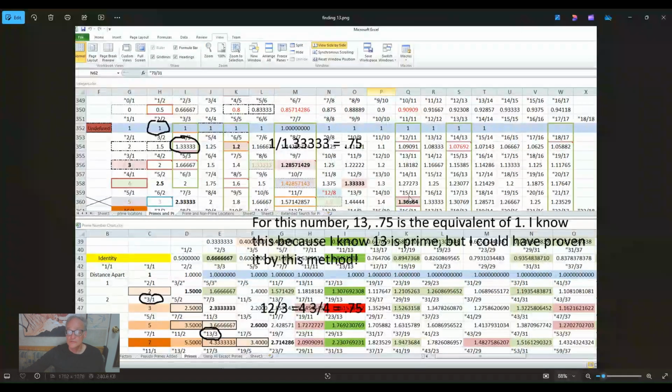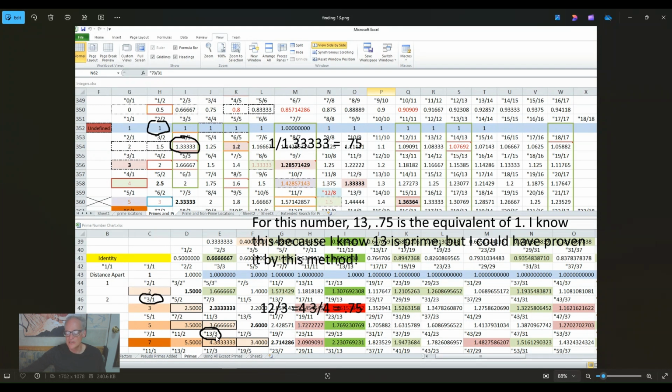And so you see, with finding 13, the same situation goes on. Up here, you have the point 0.75 in this case. We're trying to find the next number, we assume the rest of this primes table doesn't even exist. We don't know what the primes are.